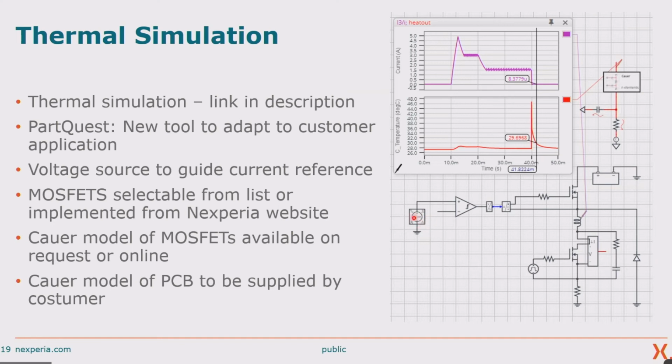So this voltage source here dictates the shape of the current by comparing its output with the current waveform that is fed back from this resistor. And then the MOSFETs themselves can be selected from a drop-down menu in the tool itself.